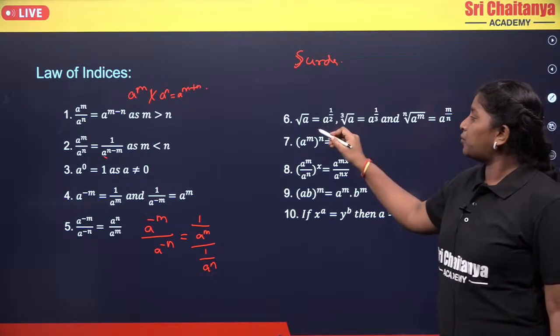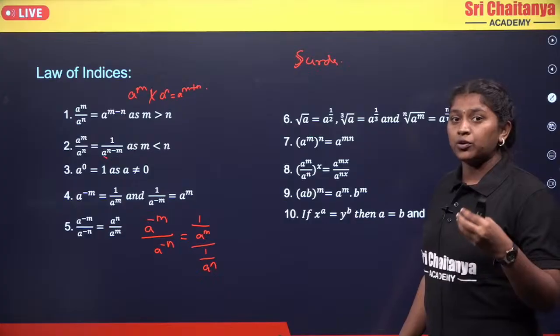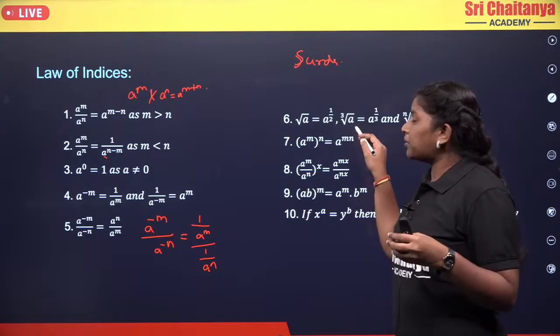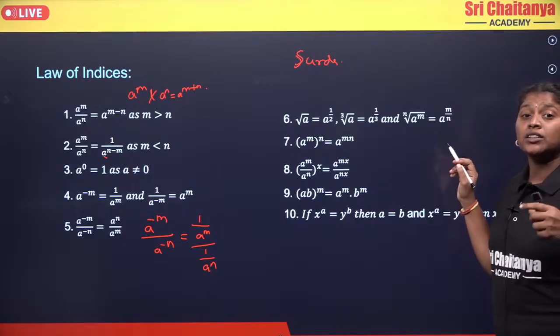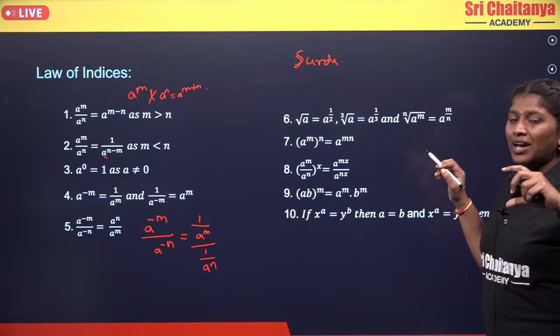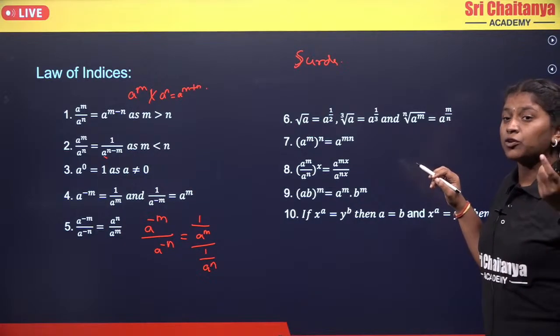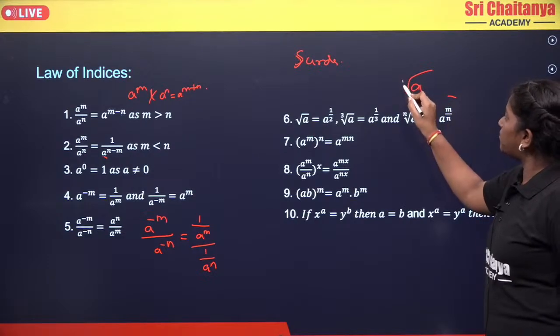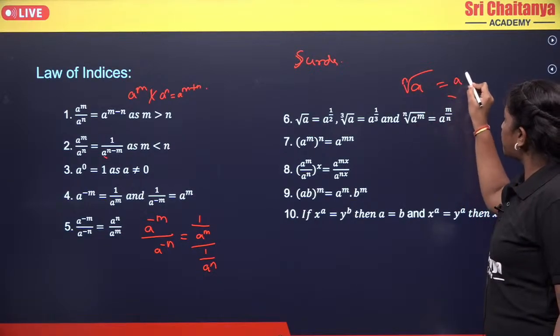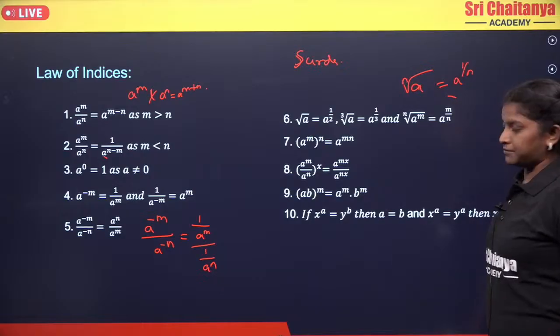Now coming to here, root a means a to the power 1 by 2, and the cube root is a to the power 1 by 3. In the same way, if you are having the nth root of any variable, it means a to the power 1 by n. So the nth root of a will become a to the power 1 by n.